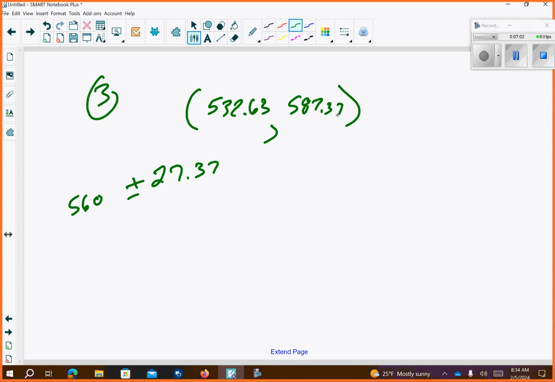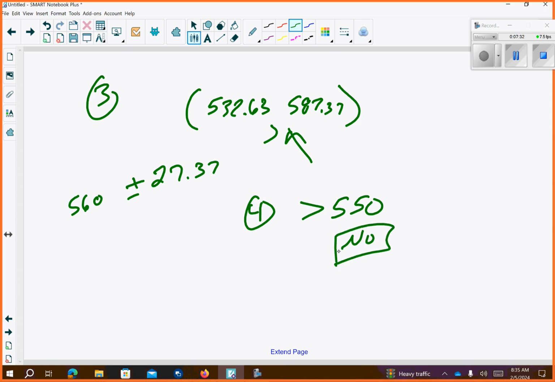Does this interval provide evidence that the average amount spent on textbooks by students is greater than 550? Okay, so if number 4 says students paid more than 550, that's within that interval. So this is no, because again, we don't know.